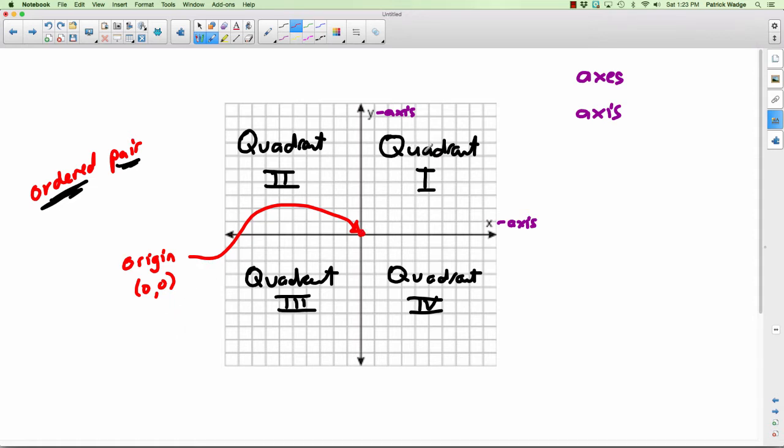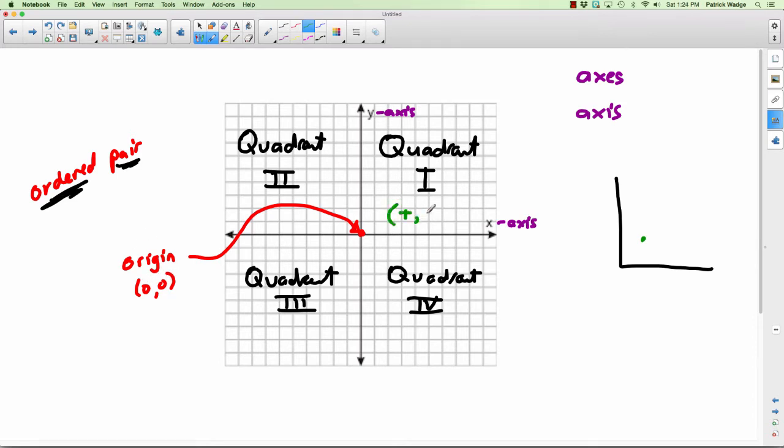Okay, why do we call this quadrant 1? I don't know this for a fact, but I think it makes sense that the reason we call this quadrant 1 is because when you first start doing these sort of things, your teacher probably didn't draw all 4 quadrants. They probably only drew one of them, right? And then you put points in the single quadrant, and you might have said this point was 2, 3, or 3, 4, or whatever. The thing about this quadrant is that both the numbers in the ordered pair are positive.